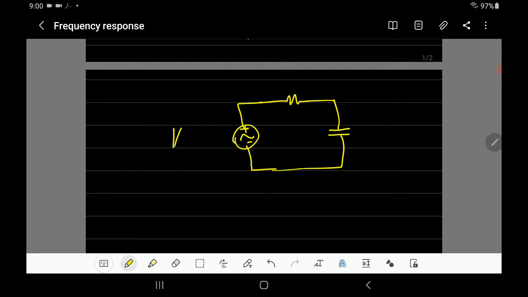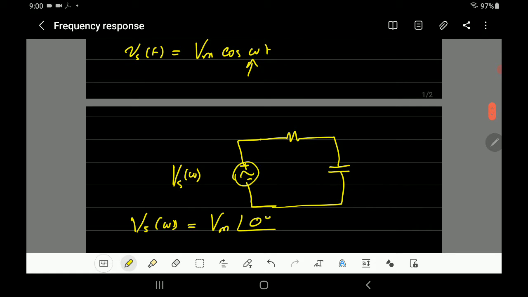So that will be Vs of omega, and Vs of omega is defined as the maximum voltage and angle 0 or theta. In this case, let's just take it at 0.